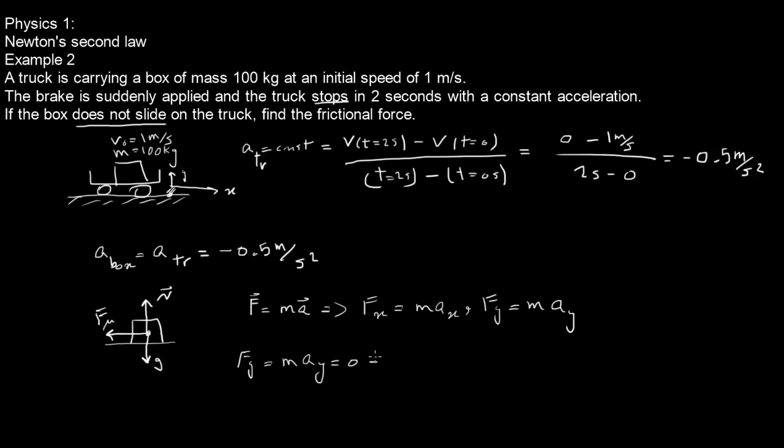Taking a look at this picture, this is equal to n minus g. N is positive because it's in the y direction, and g is negative because it's in the negative y direction. Since this is equal to 0, therefore n is equal to gravity, and it is kind of Newton's third law, which I will cover in later videos.